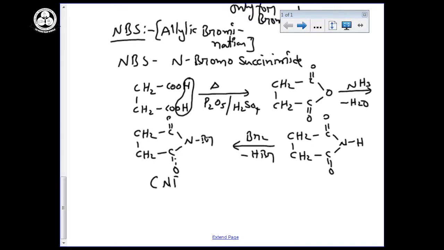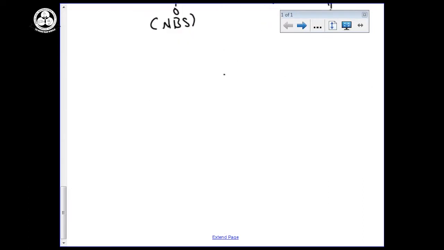This is named NBS, N-bromosuccinimide. This one only we are going to use for our chemical reaction now. Suppose now I am taking one allylic compound, CH3CH double bond CH2. This is propene. Now we are using the reagent NBS, N-bromosuccinimide.